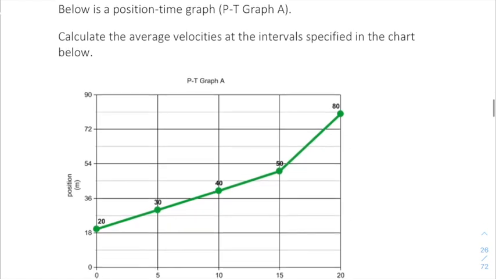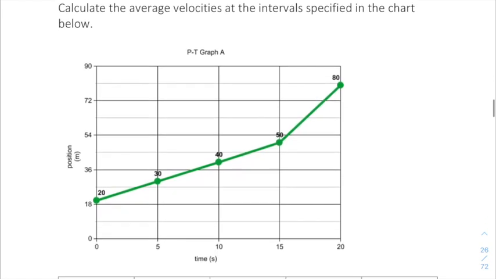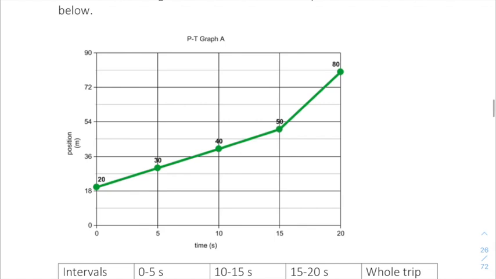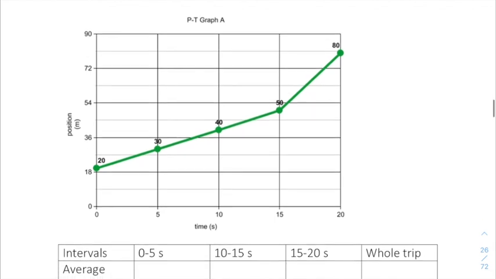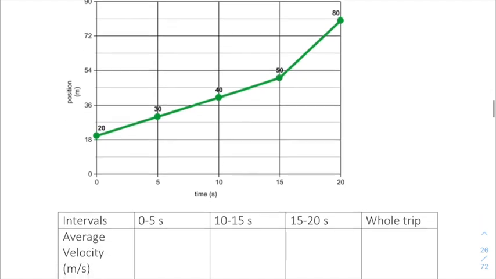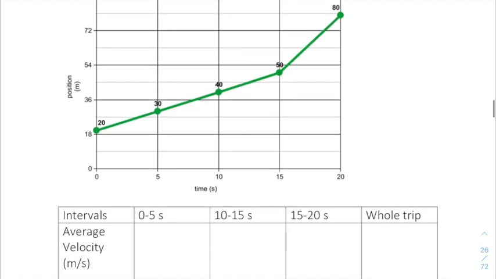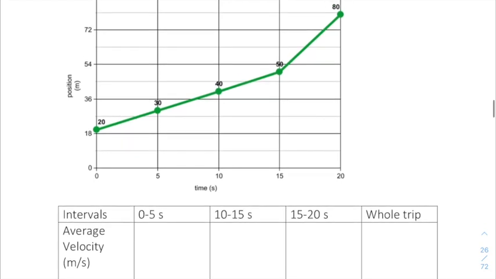All right, so here's a little activity we can do. We're going to calculate the velocities at the intervals specified on this chart. So here we have a whole bunch of values. You can see that it ranges from 20 meters away to 80 meters away over a time of 20 seconds. So the average velocity from 0 to 5 seconds, that would be this first little triangle here.